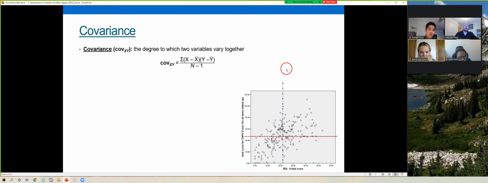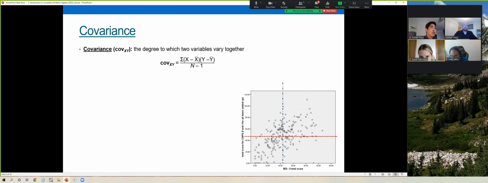And so if I take a look, and again, we've got our depression and PTSD scatter plot here. Here's my BDI score, and the mean value of that represented by this vertical axis, and then my PTSD score is here, and the mean represented by my horizontal axis, okay?